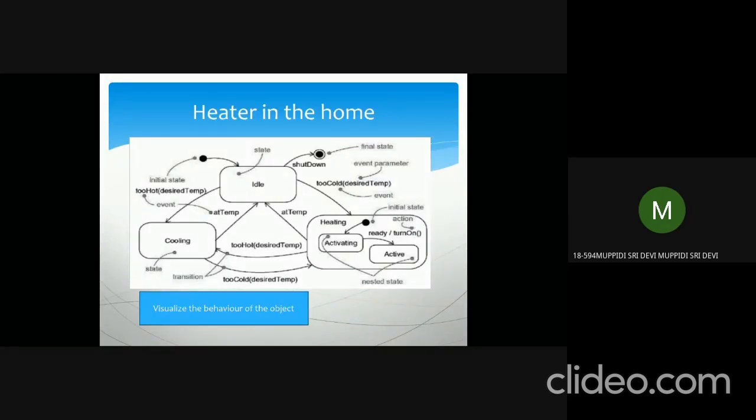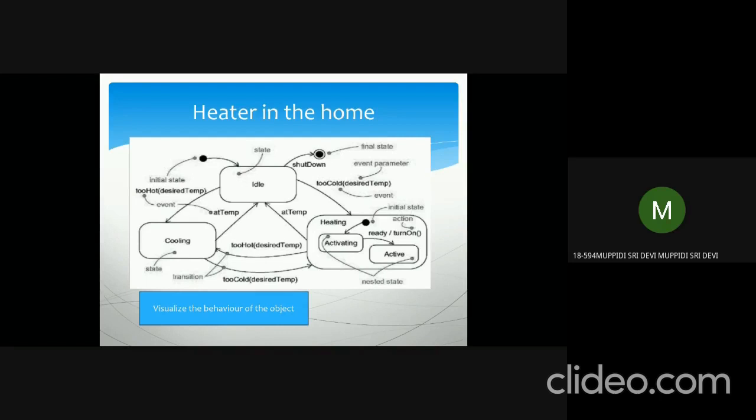And if I want to bring the machine from heating to cooling, using the too hot function at the desired temperature, the machine will come from heating to cooling state. At any point of time, from cooling to idle at a certain temperature, the machine will come to idle state.